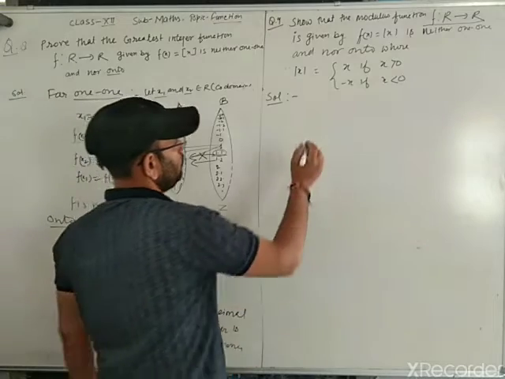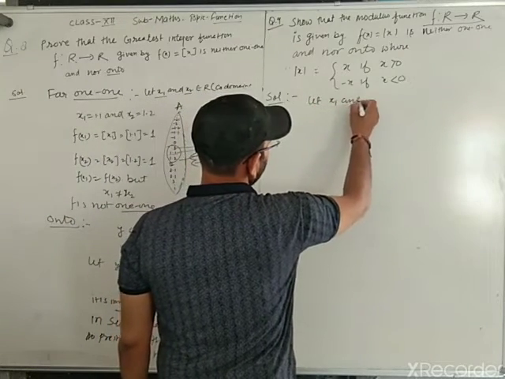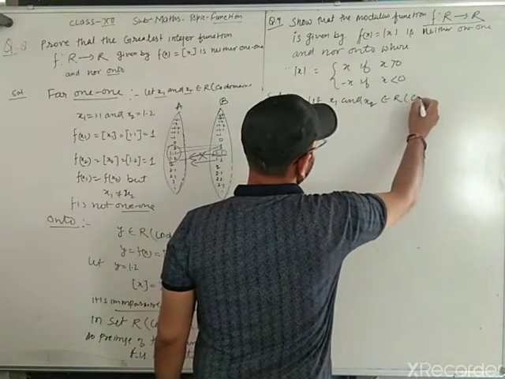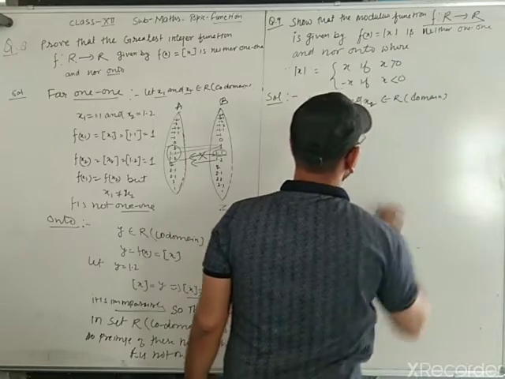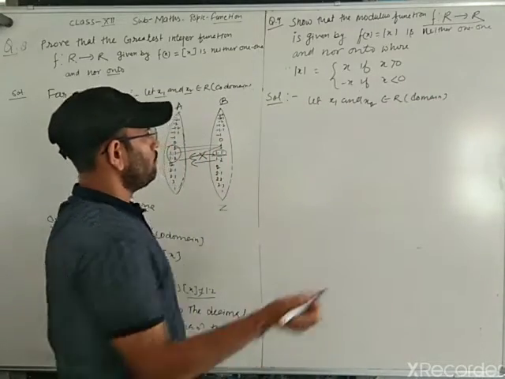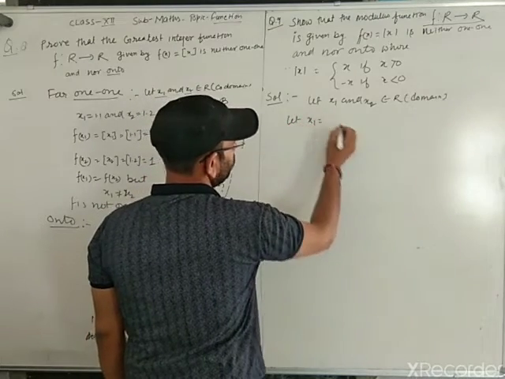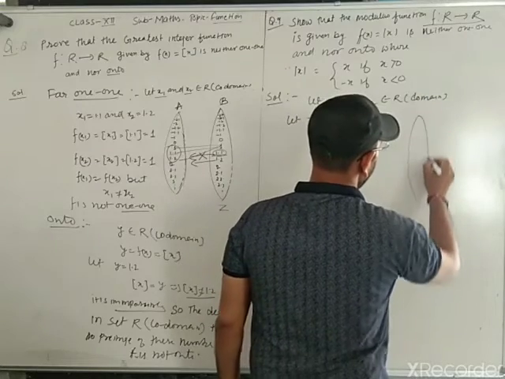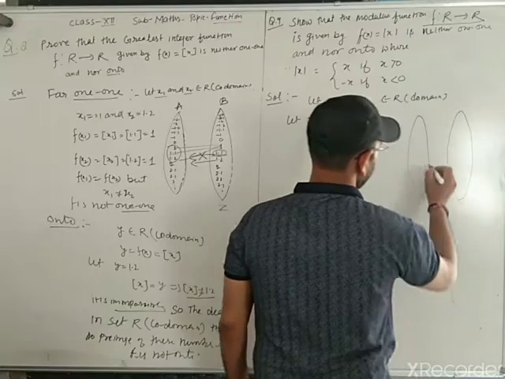So let two elements x1 and x2 belong to the real numbers, the domain. I will explain this with a figure.